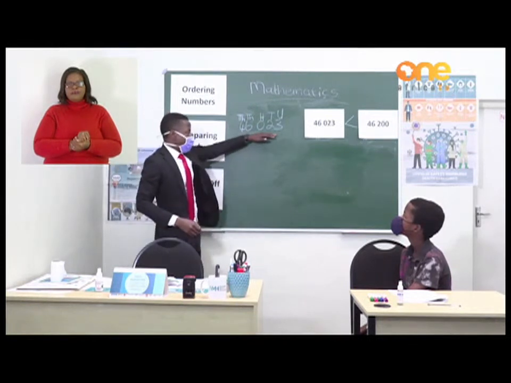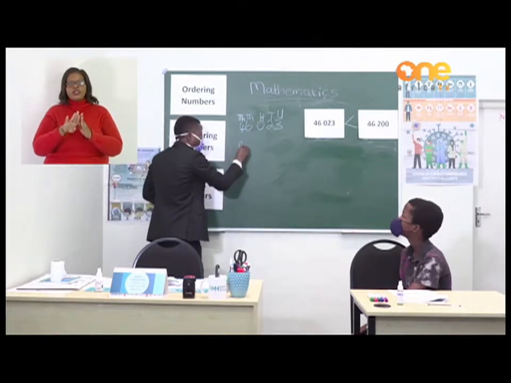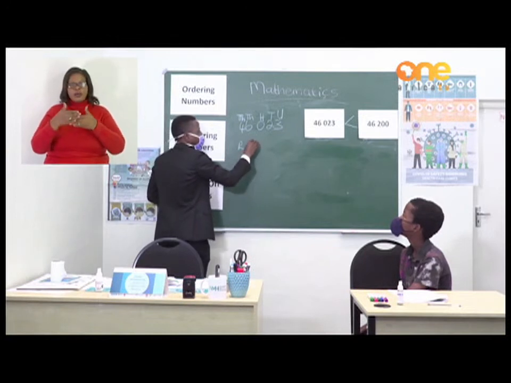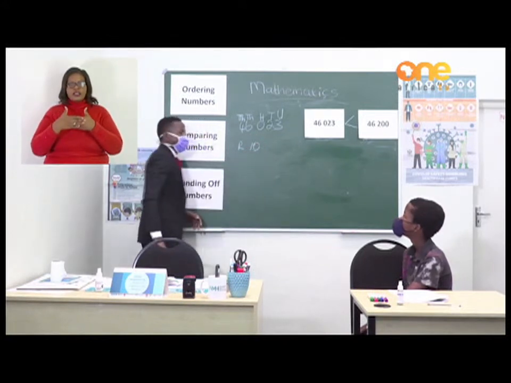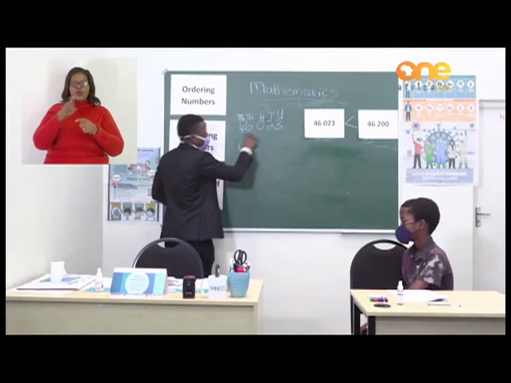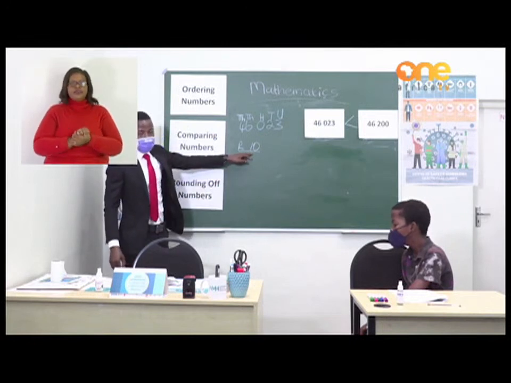If you look at these numbers, the question can come: round off the number to the nearest 10. Round off the number which you are given to the nearest 10.